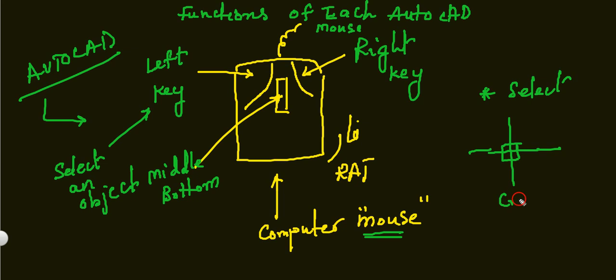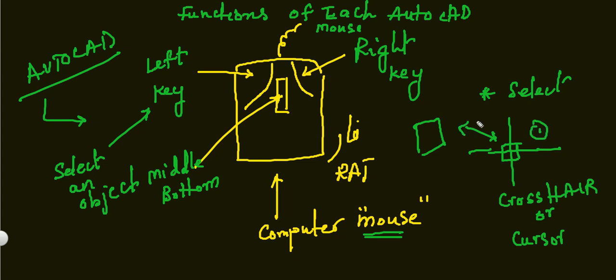Actually the official word is crosshair, but many people call it cursor. When you select an object, this will change to like this. This will change only if you click once the left key.